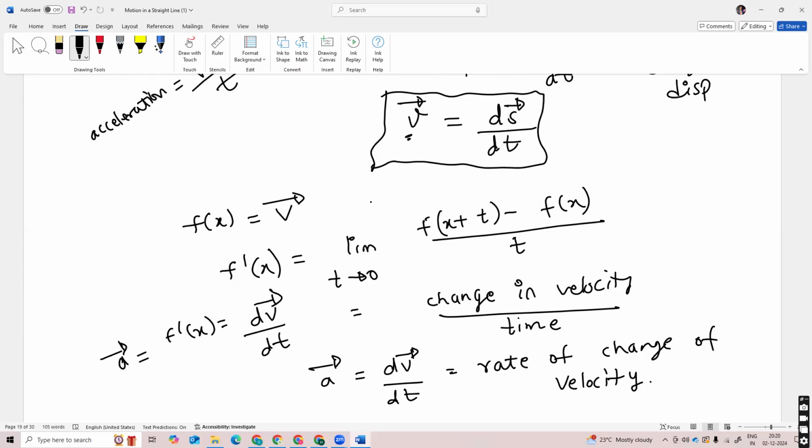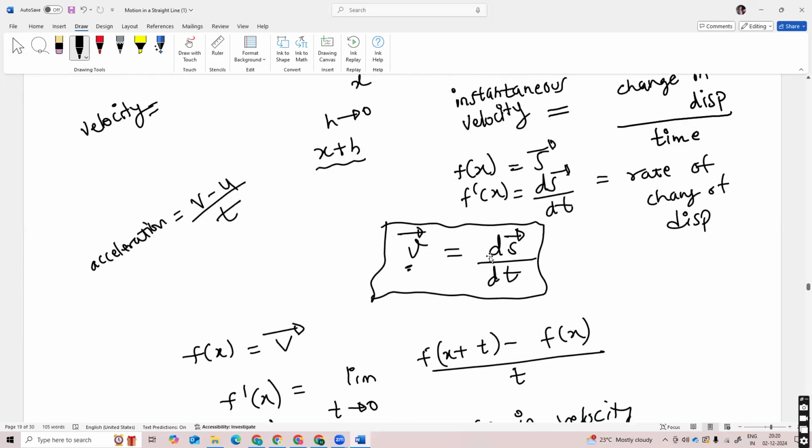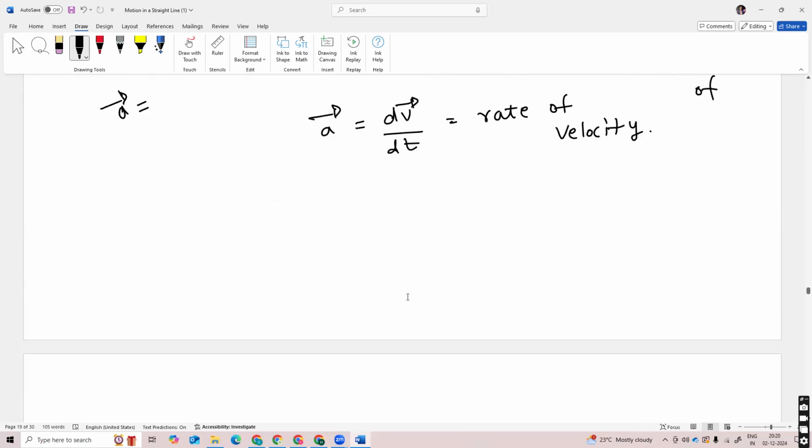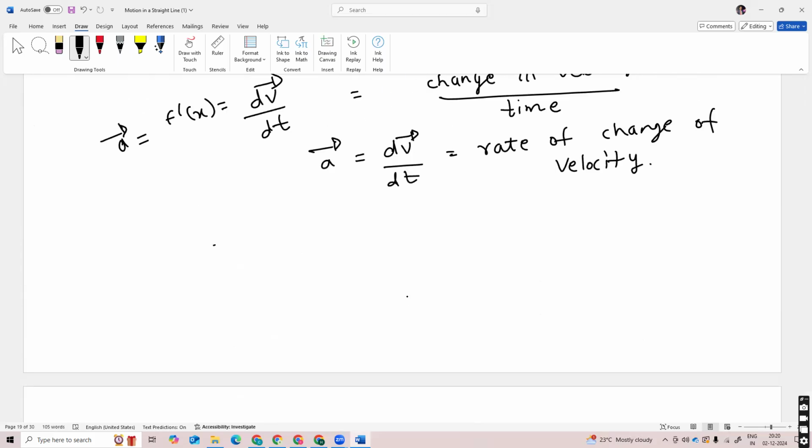Similarly, when you write velocity as differentiation of displacement, you should know that this is the instantaneous velocity. If you have displacement as s, you can write velocity as ds upon dt. And if you have velocity v, you can write acceleration as dv upon dt.